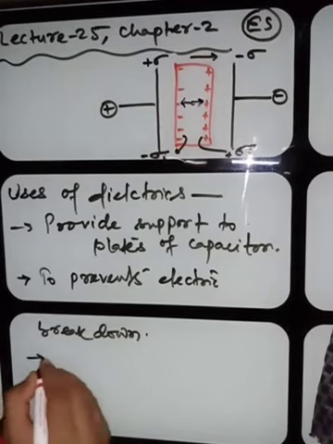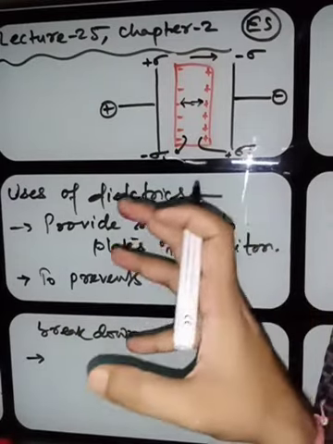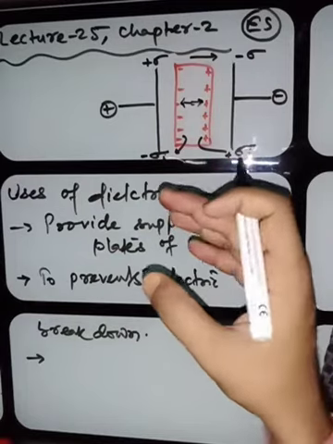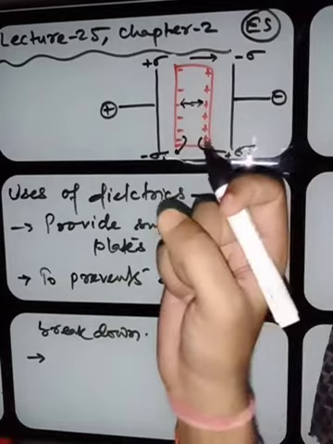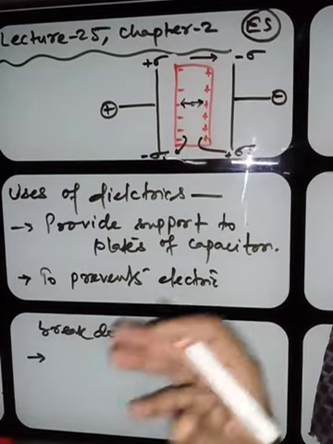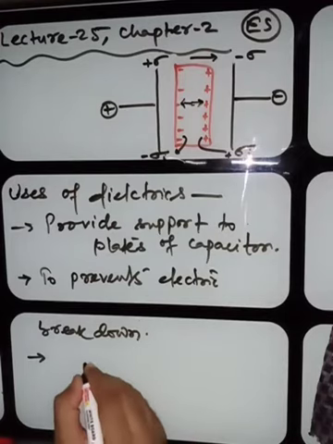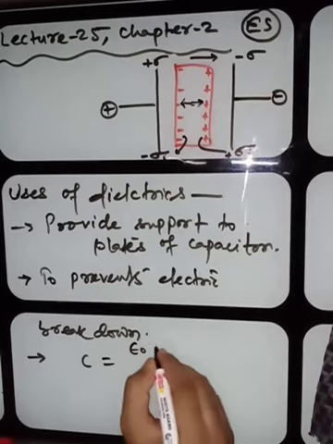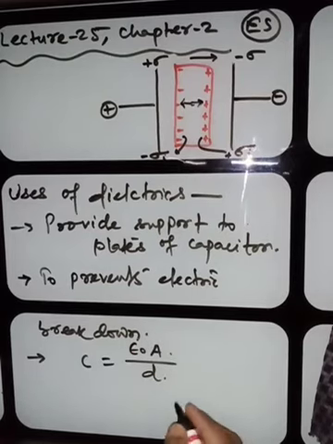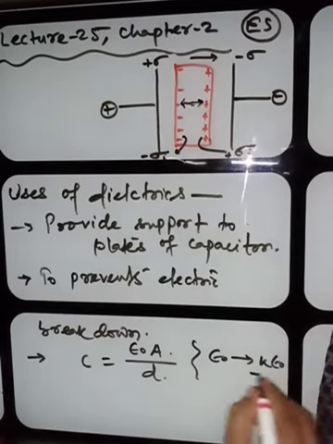Electric breakdown. Okay, next use, my dear students, you can write, it is to increase the capacitance. As you can see, for a parallel plate capacitor, we have written the capacitance as C equals epsilon naught A by D. And we have studied, we will replace this epsilon naught by K times epsilon naught if a medium is present.